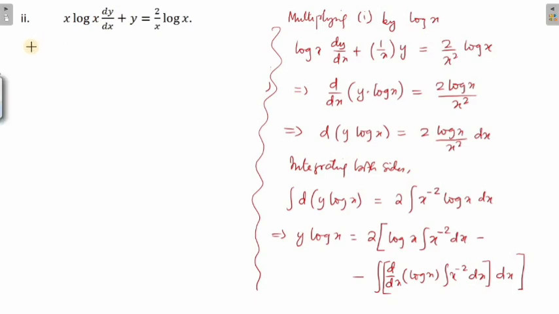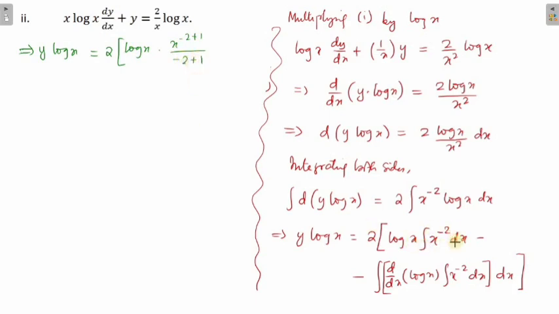Then we get here, y log x is equals to 2 into, so how much is this? Now this is log x, this becomes x to the power minus 2 plus 1 divided by minus 2 plus 1.